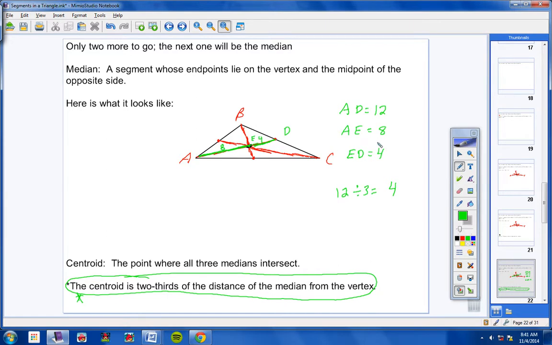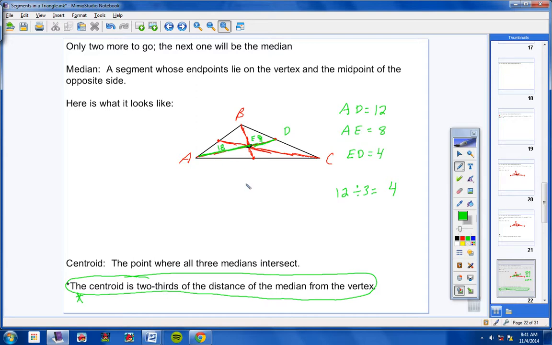So let's pretend I told you this length here was 8, and I asked you to find this length here, you would know right away this length here would be 16. And if I asked you to find the entire length, it would be 24, 16 plus 8. If I told you this length right here was 18, and I asked you to find this length here, well, it would be 9, half as big, okay?